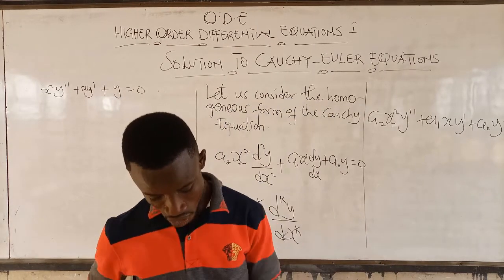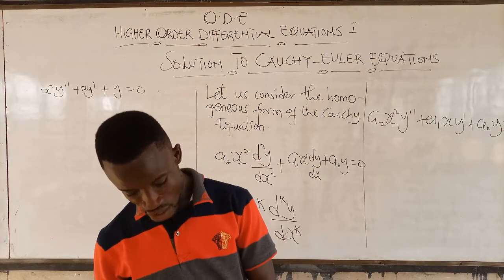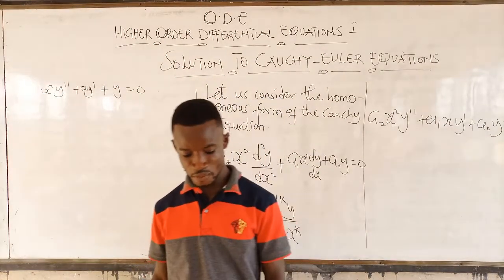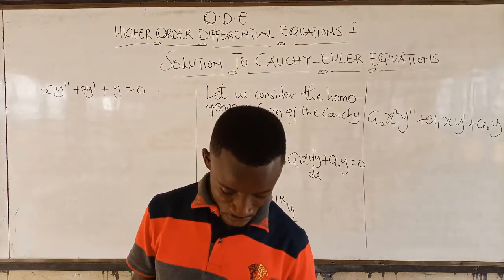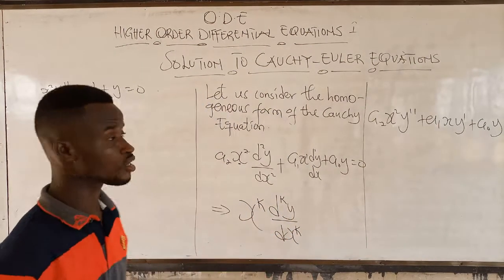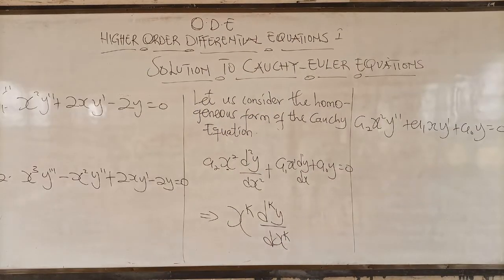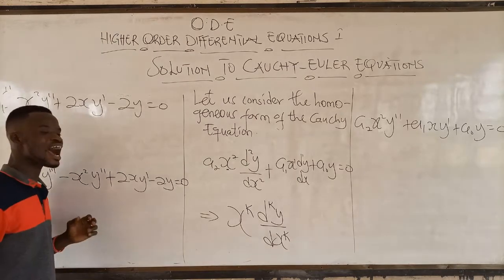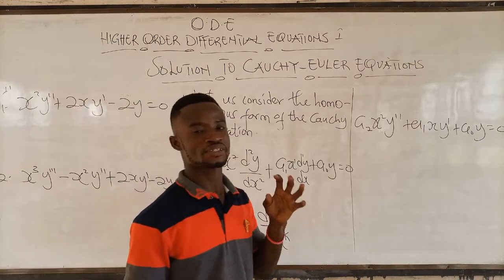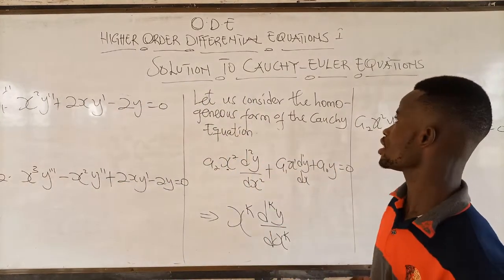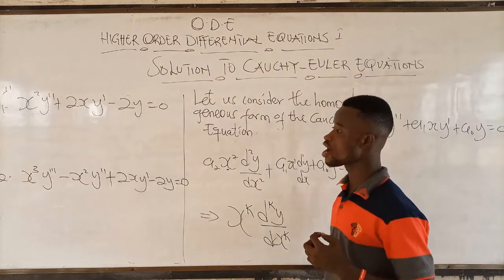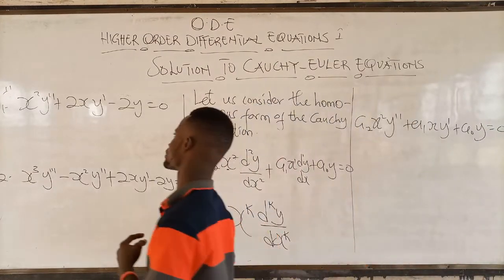This is how we write the Cauchy-Euler equation. Now let's look at how we write the characteristic equation in Cauchy-Euler form.